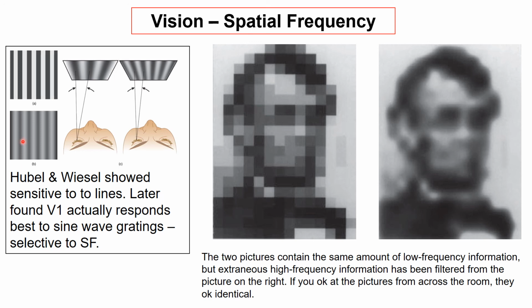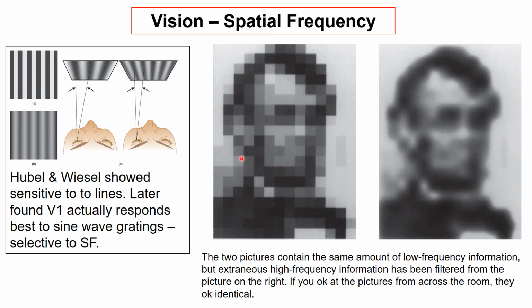If the borders between the black and white bars are smooth, then these are considered sine wave gratings. And V1 cortex seems to really respond strongly to these sine wave gratings. And it's the orientation of the lines in those sine wave gratings that simple and complex cells, as well as hypercomplex cells, are sensitive to.